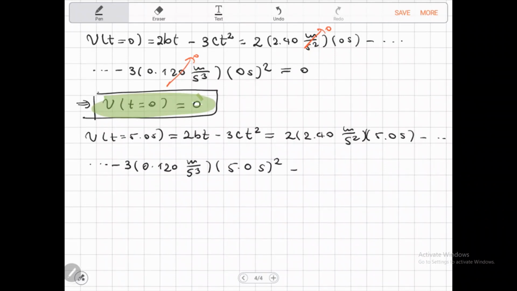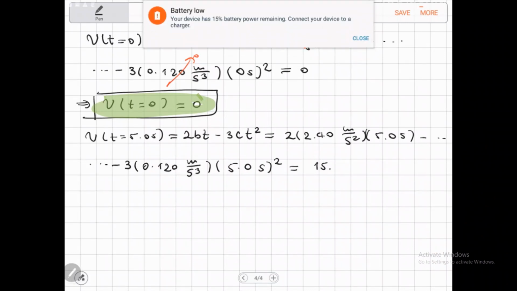So what is the first result? In this case, all this calculation is gonna be 15 meters per second. I have this done already, so what you have to do is only to do the math here.